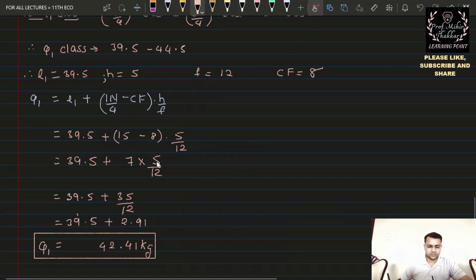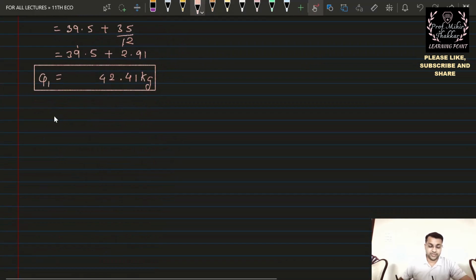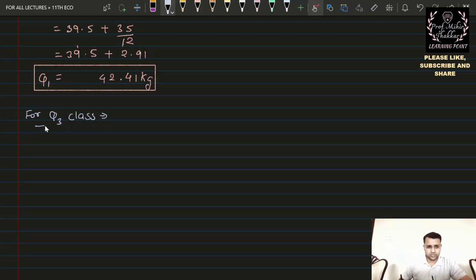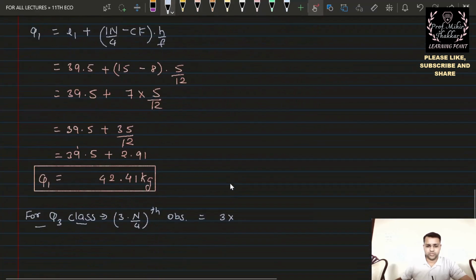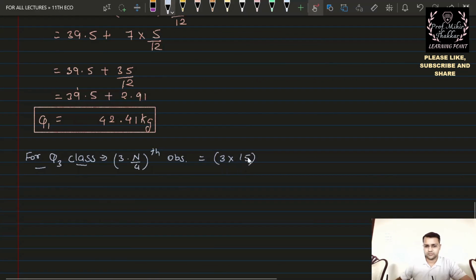Now for the third quartile, we have to again calculate the Q3 class. So let us write over here. For the Q3 class, it is 3 into n upon the 4th observation, which is nothing but 3 into, now what is n upon 4? 15. So I will get over here 3 into the 15th observation, which is nothing but the 45th observation.